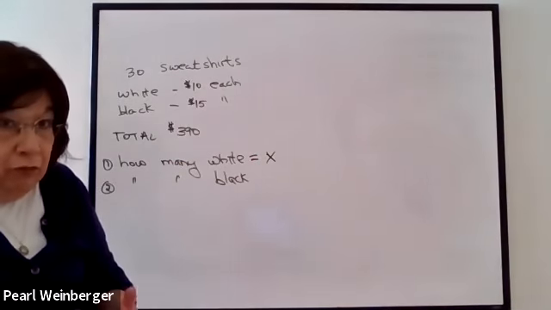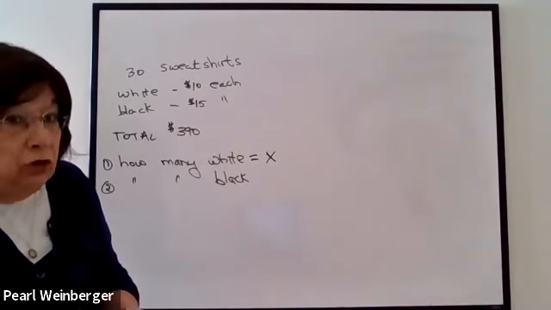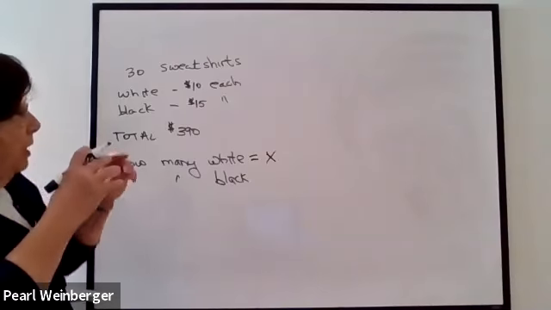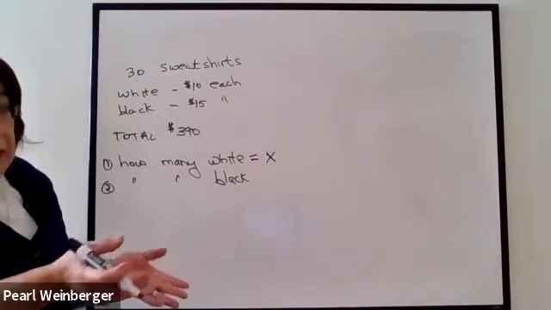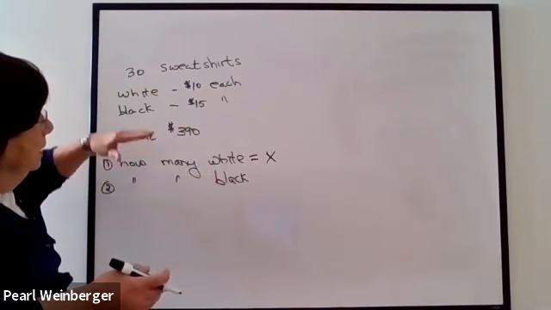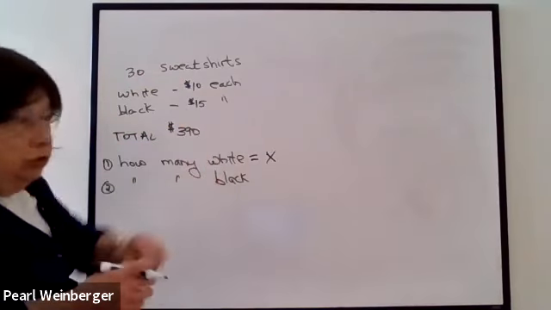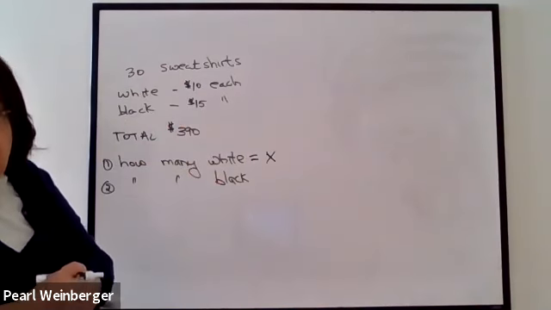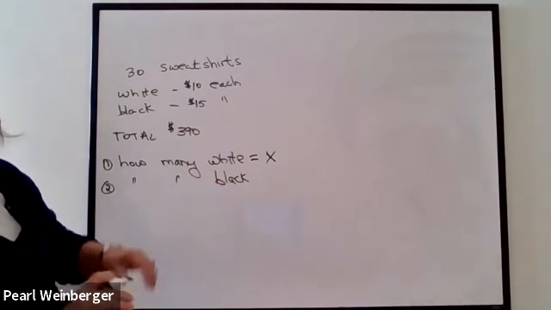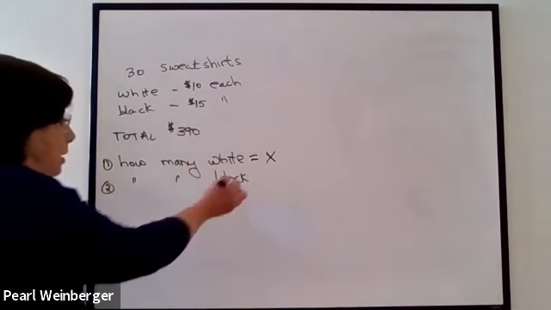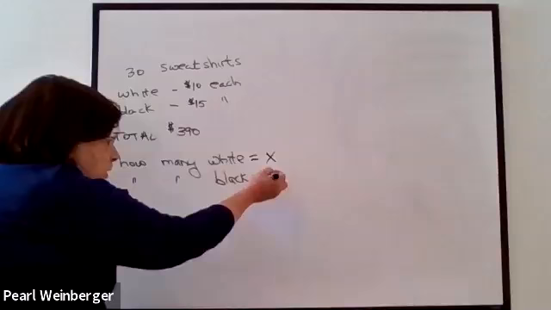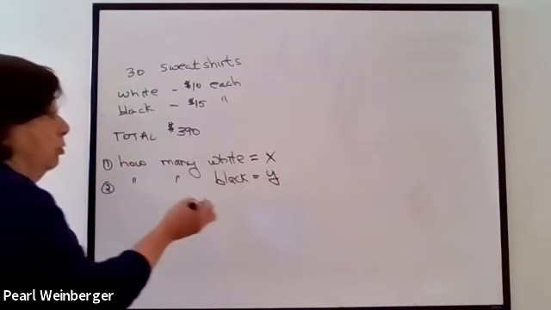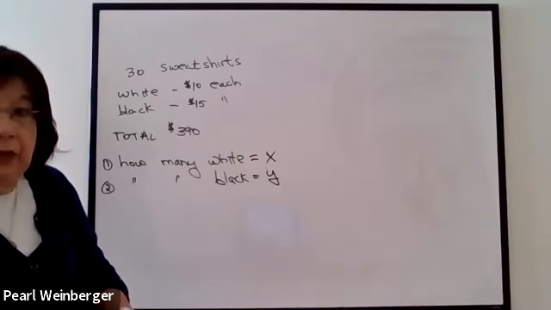It could be the price of the white shirt, or it can be how many he sold. Let's keep in mind that we're not looking for the prices. We already know the prices. What we're looking for is how many white shirts. Let's be very specific when we write our legend. And let's call how many black shirts were sold, let's call that Y.